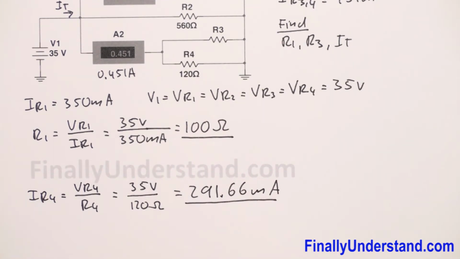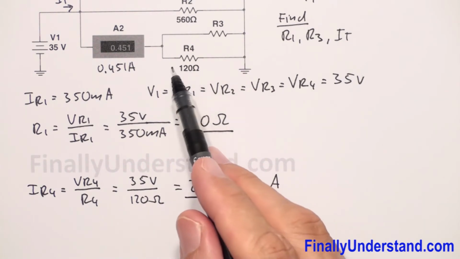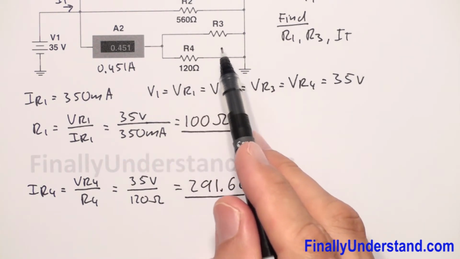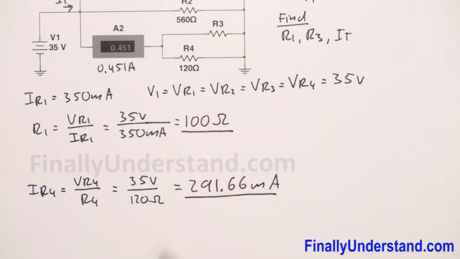Now if I know this current, I can very easily find this current. IR3 is simply equal to IR34 minus IR4.